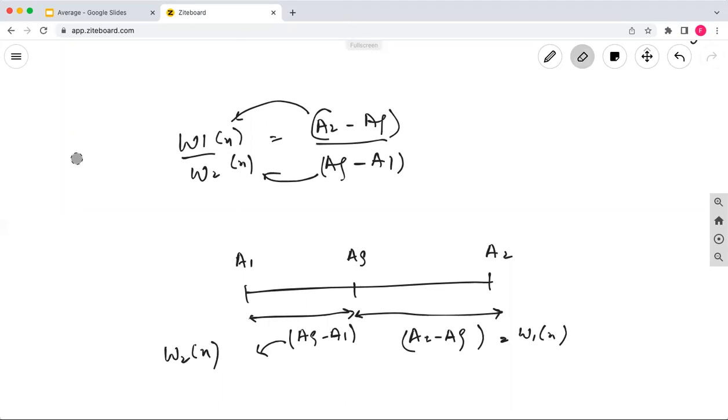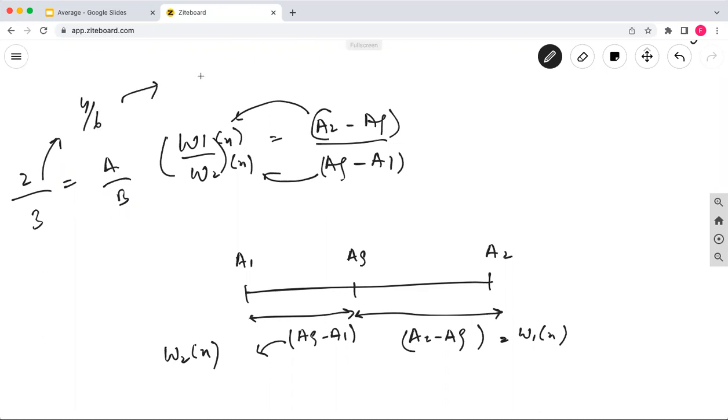I think you didn't get the ratio concept. This is actually a ratio W1 over W2, right? And for example, if this is A over B, remember this is a least form. This can also be written as 4 over 6. This can also be written as 6 over 9. We are not sure about it. That's why we need to multiply with X, so that if X is 2, this will be 4 over 6.